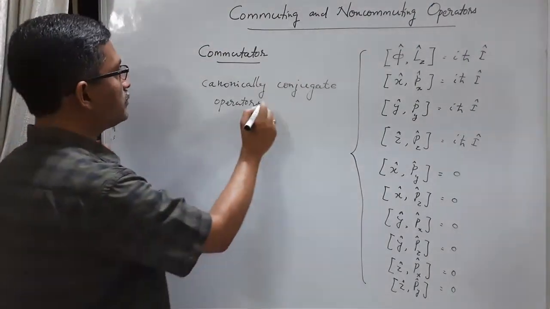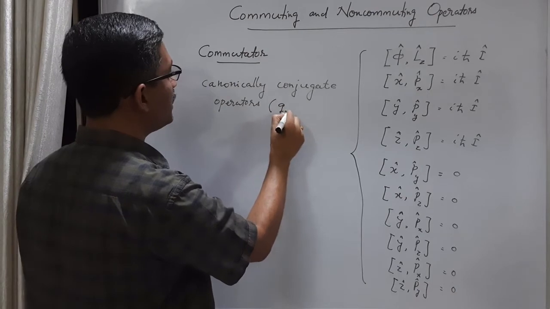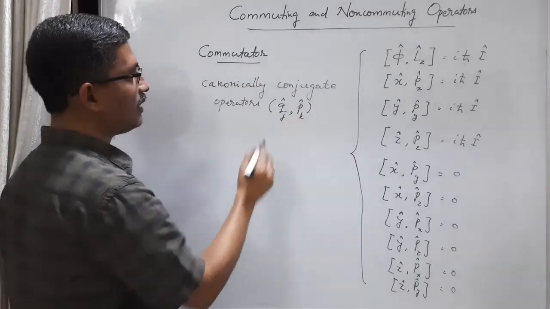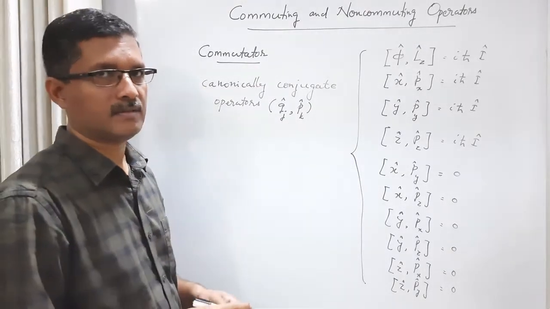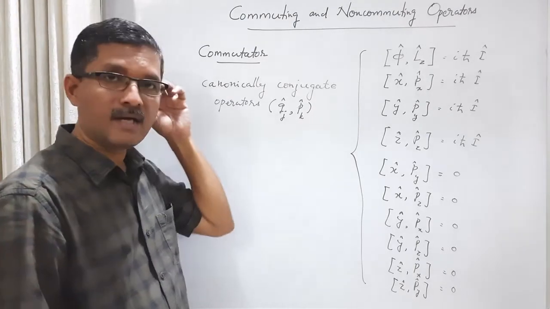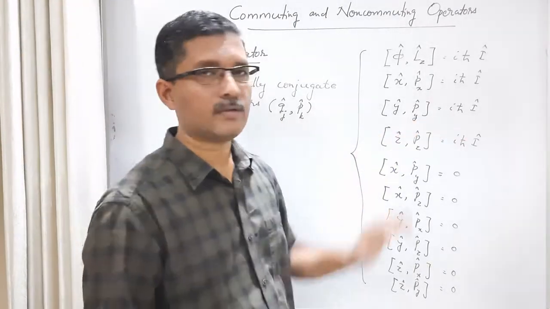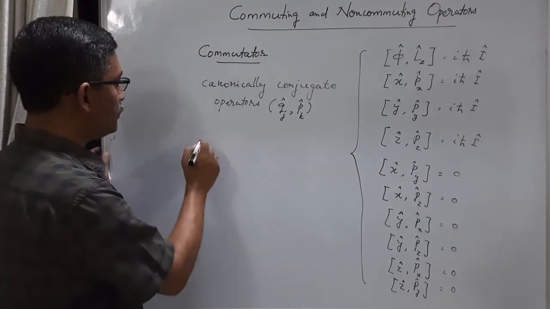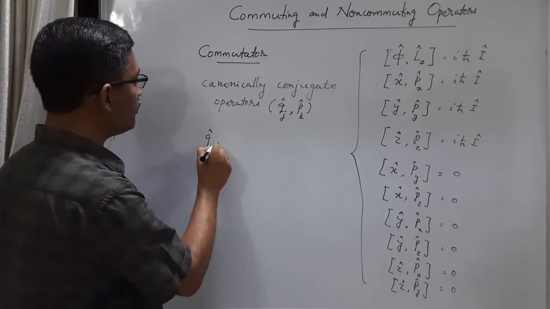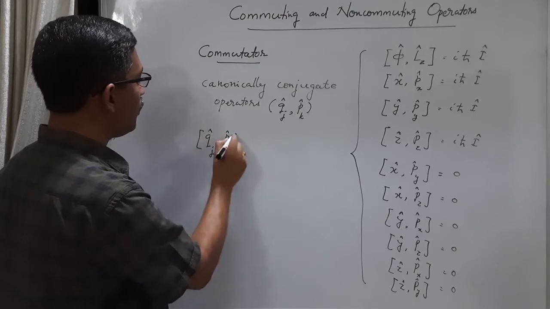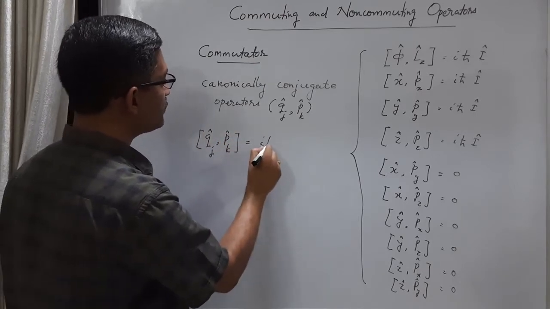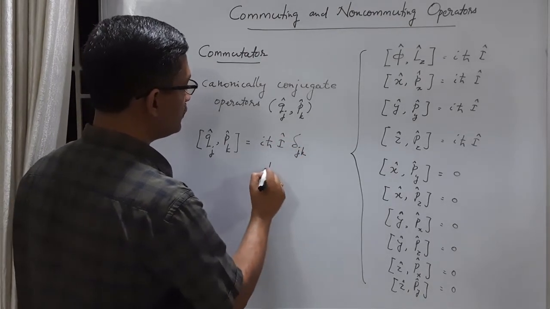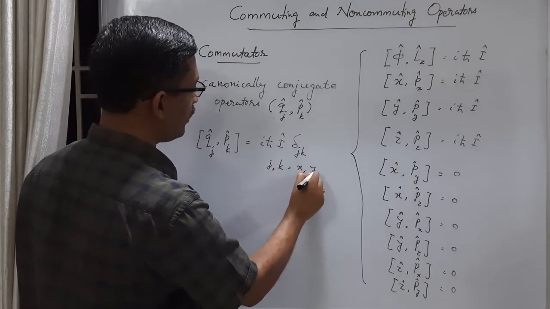Let us consider two canonically conjugate operators, qj and pk, where j and k represent x, y and z. Instead of the index i I am using j, because i is already used for the square root of minus 1. So the commutation rule between qj and pk is iħ times the identity times delta jk, where j and k represent x, y, z.